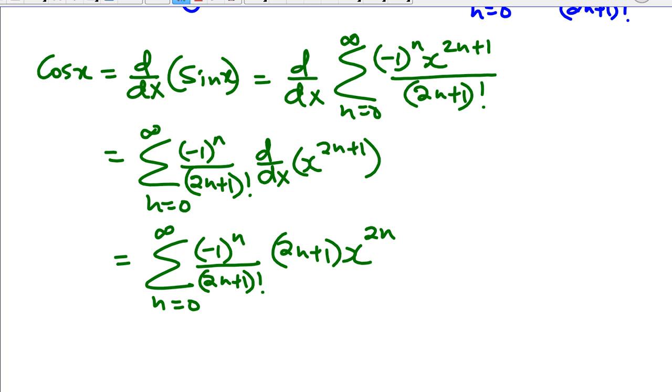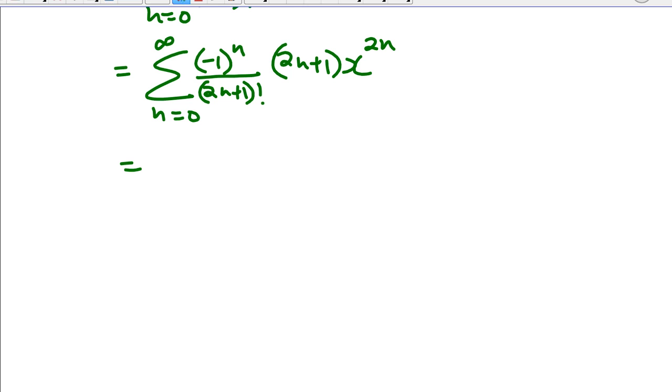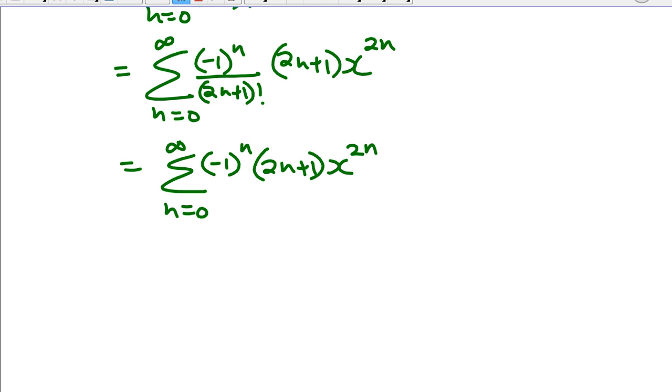So putting these things together, this will be equal to the sum of negative 1 to the power n, and I can write this as 2n plus 1, just leave it as it is, x to the power 2n over 2n plus 1 multiplied by 2n factorial. What happens is these terms do cancel.